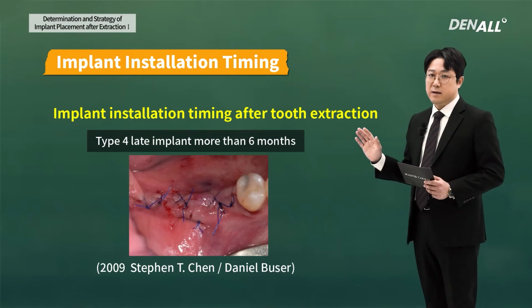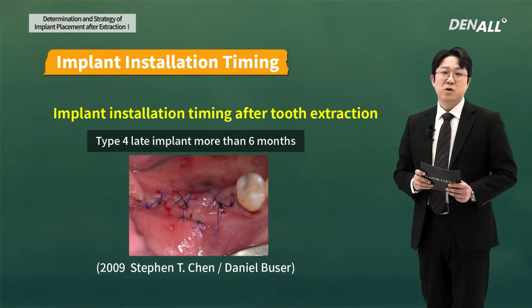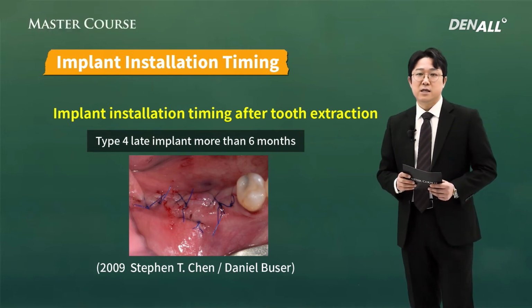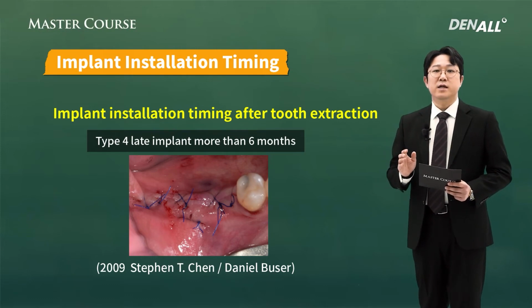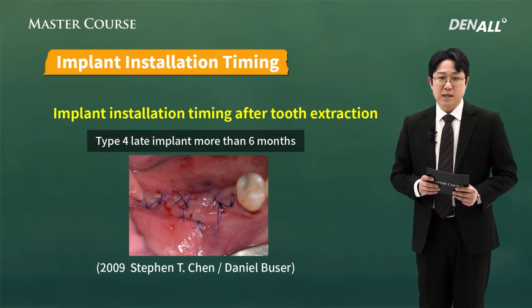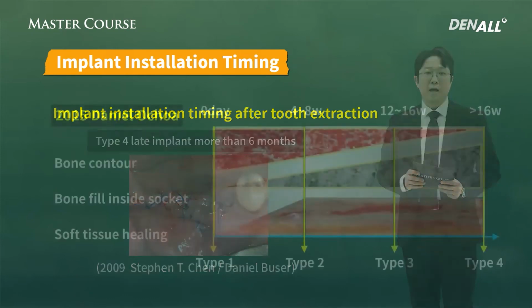Even in the case where bone resorption is not severe this may not result, however, when you do extraction due to perio disease, if you wait long, a lot of bone resorption can occur very frequently.